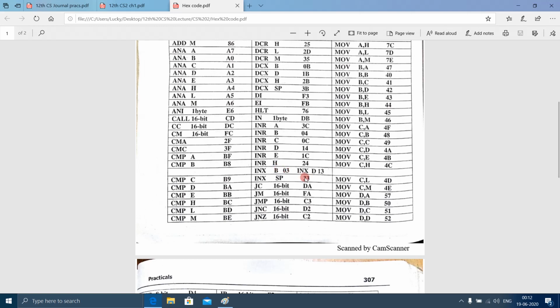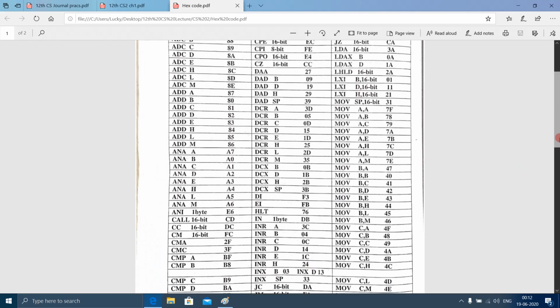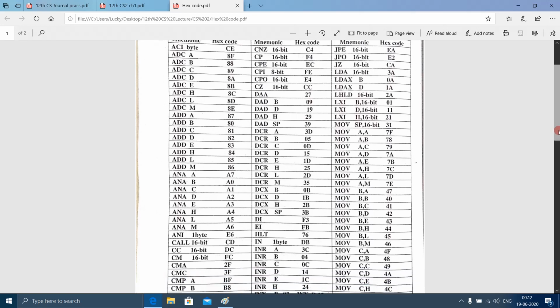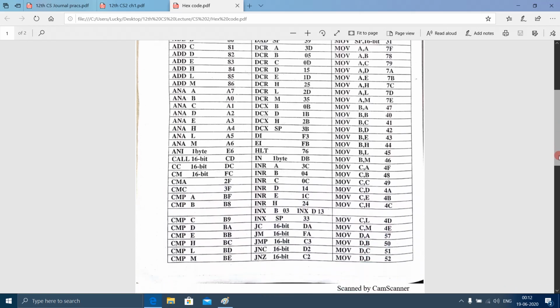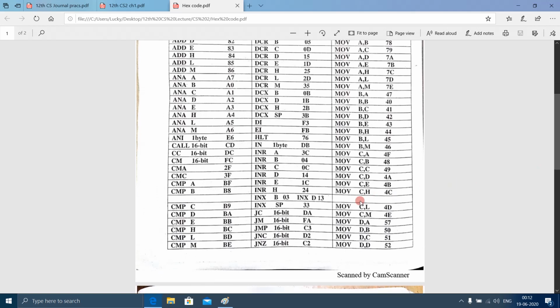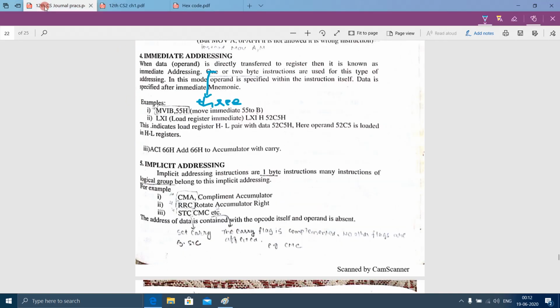There's a mistake in this hex sheet. INX H is not specified. The correct one I'll find out and tell you.